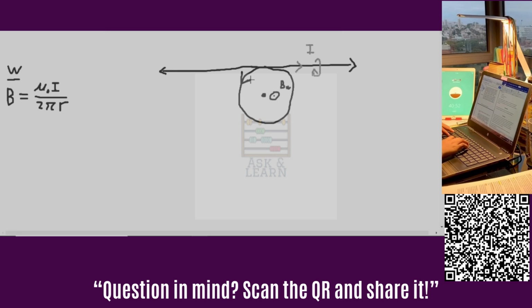So let's keep it consistent here. We have our current flowing around counterclockwise, which means the magnetic field from the loop, BL, is flowing into the page by the right-hand rule.